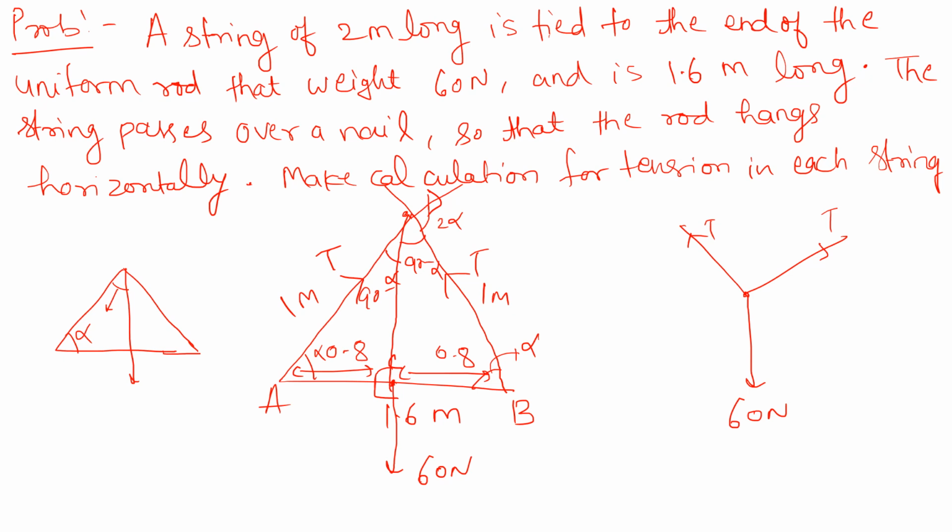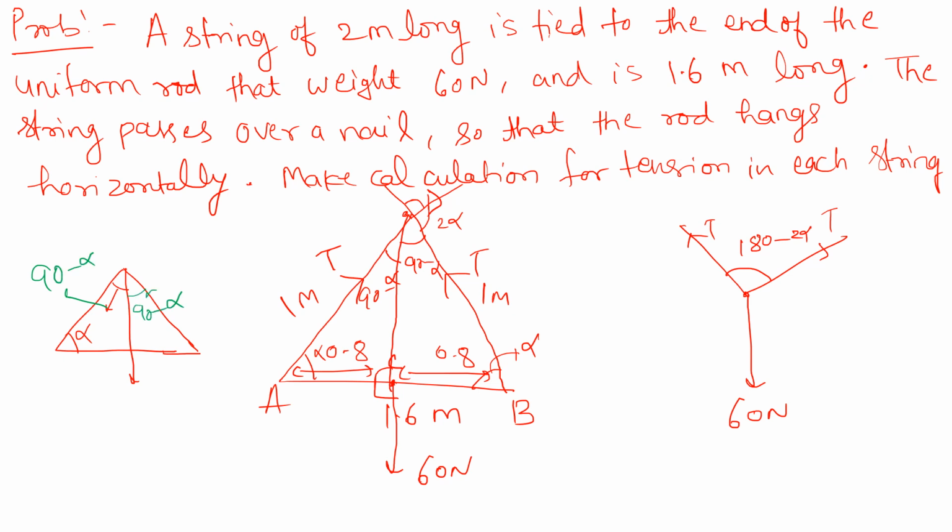So if this is 2 alpha, so this will be 2 alpha, and this will be 180 minus 2 alpha. And this is the angle. So what is the value of this angle? Have you understood or not? So this is your 90 minus alpha, this is your 90 minus alpha, and this is your 90 minus alpha.